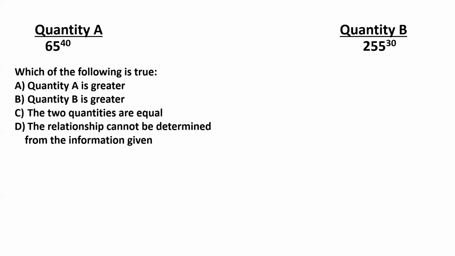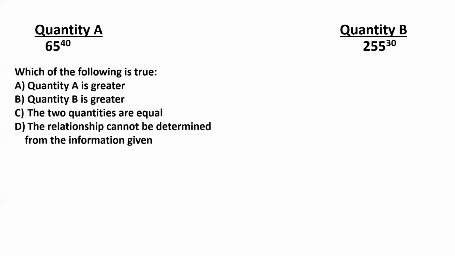Because in quantity A, we have a smaller base but a larger exponent, and in quantity B, we have a larger base but a smaller exponent. By base and exponent, I mean, if you look at 255 to the power 30, the base is 255 and the exponent is 30.